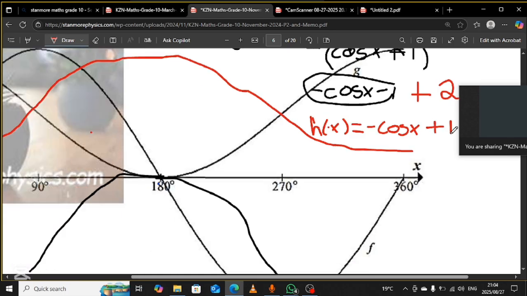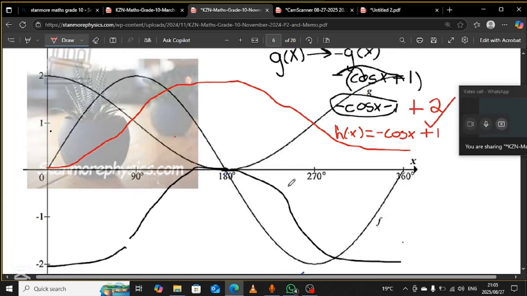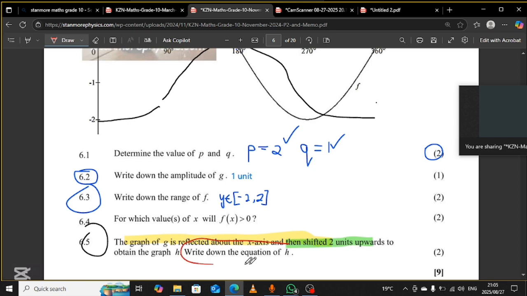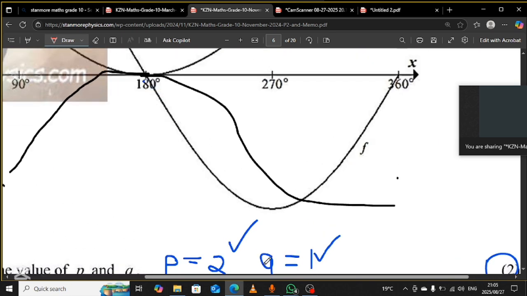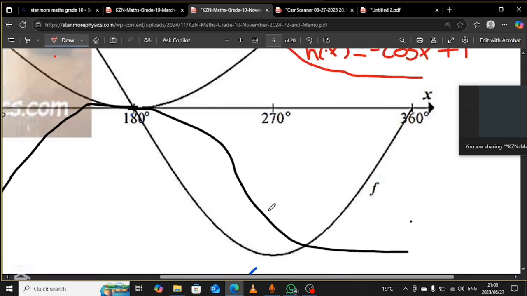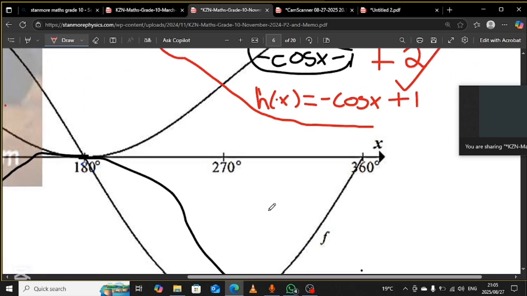So this is our new function. Remember they are saying write down the equation of h. So this is our new equation of h.